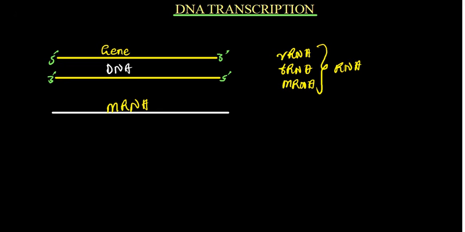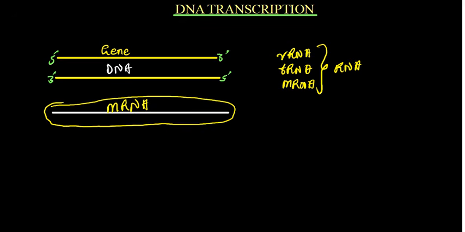Between these two strands, we have to produce only a single strand of RNA. So one of the two strands of DNA has to act as a template. A template is a guide. A template is a molecule which has complementary bases to the molecule we want to produce.